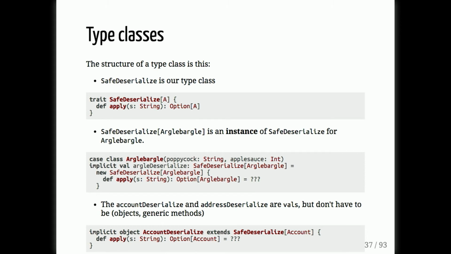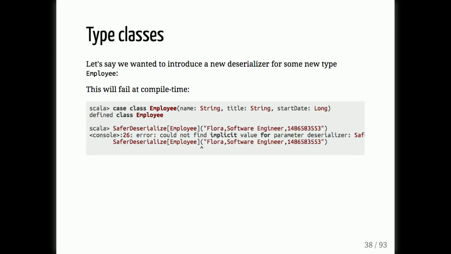Now we basically have an instance of the type class of safe deserializer. It doesn't have to be a val. It can be some object or class or whatever, just so long as you have this implicit argument that allows you to resolve an instance of this type class of A.